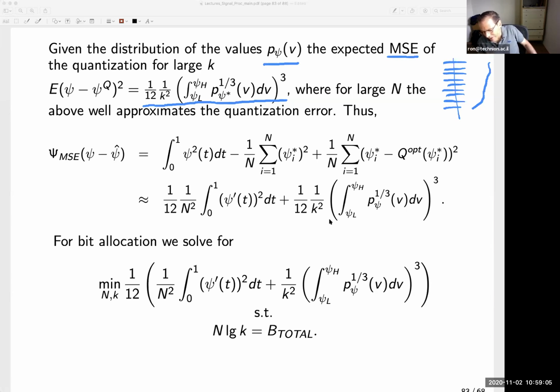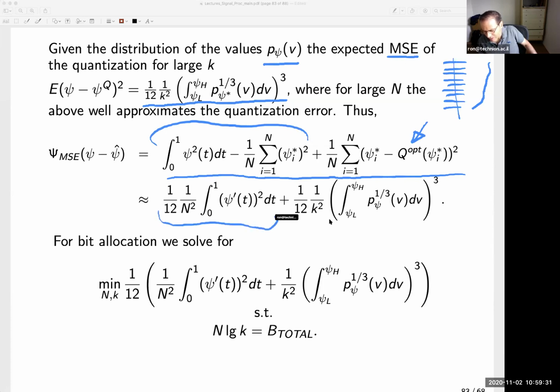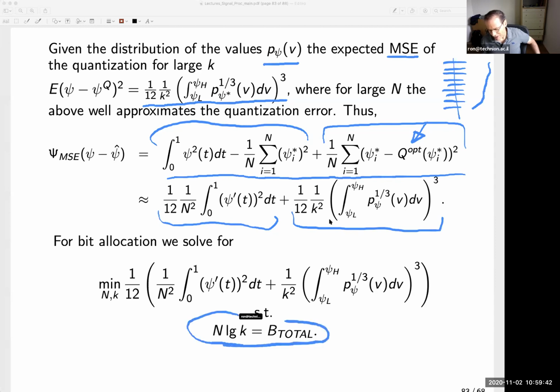Now, if we allow ourselves to look for an optimal quantization, we can plug it back into the MSE error. And what we get is that the first part can be approximated as such, and the second part can be approximated as such. Now if we recall our bit allocation problem, we had to distribute our capital B bits into K's and N's.